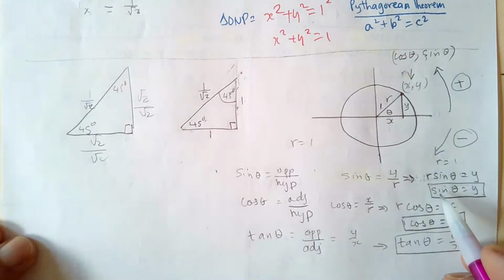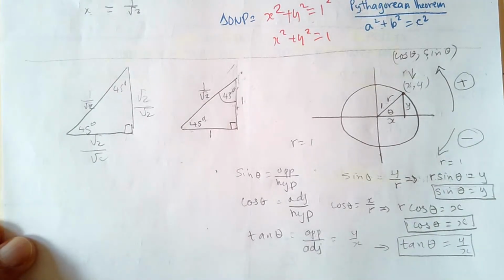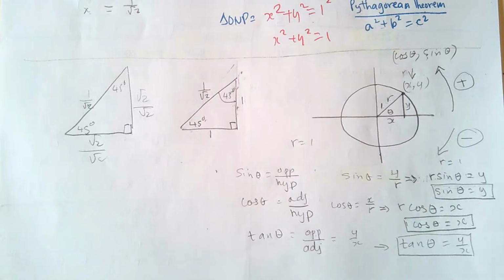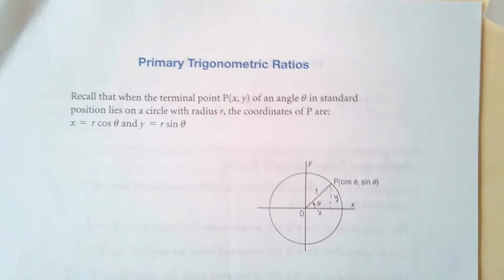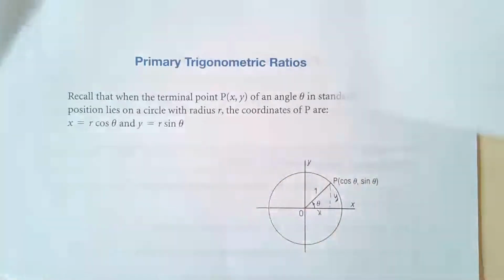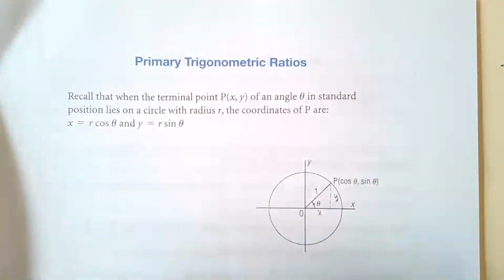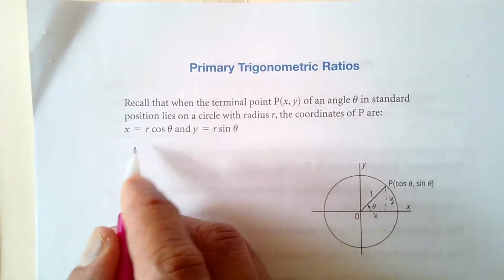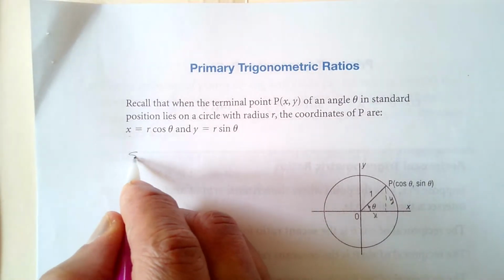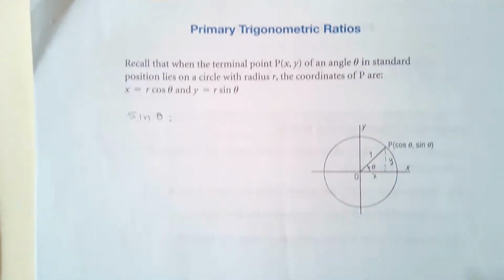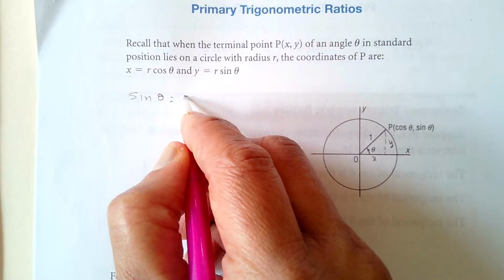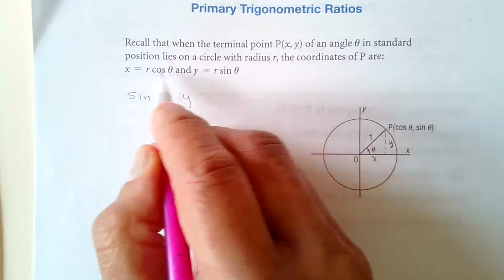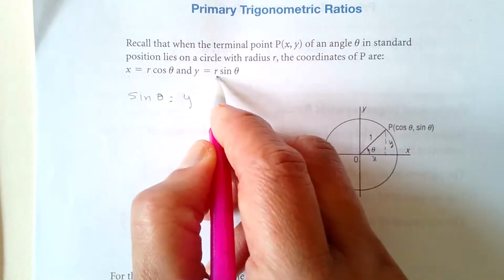So from this definition, we can have these three forms. Let's put it all together. We can conclude that sine theta, this is referred to as the primary trig ratios. Sine theta is equal to y, because r is 1.